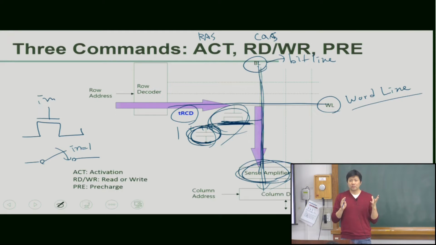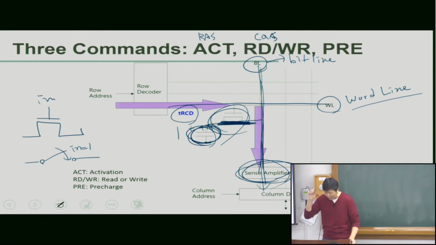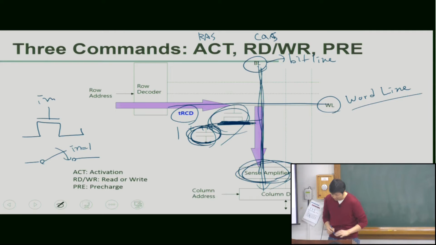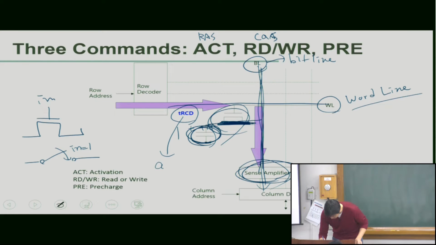Activating a row means you close this signal, you connect this capacitor to this wire, and then eventually this bit line value becomes stabilized. It takes some time to get this voltage stabilized, and that's tRCD, the activate-to-read delay.